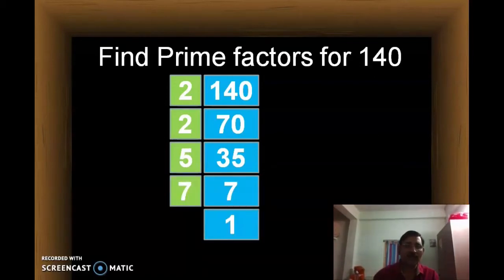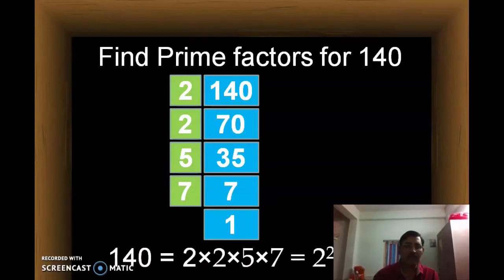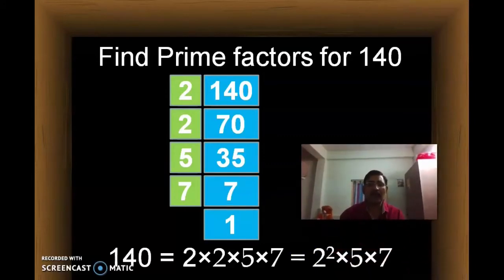So we can observe that 140 is equal to 2 into 2 into 5 into 7, or we write the same as 2 square into 5 into 7. That's how we get the prime factors for 140.